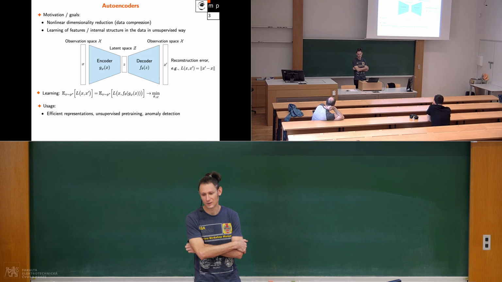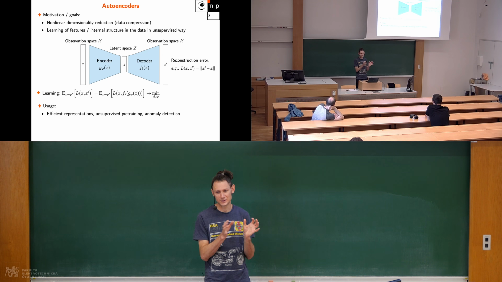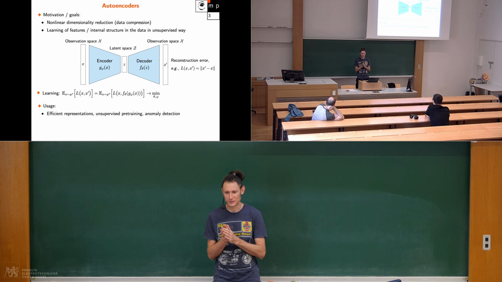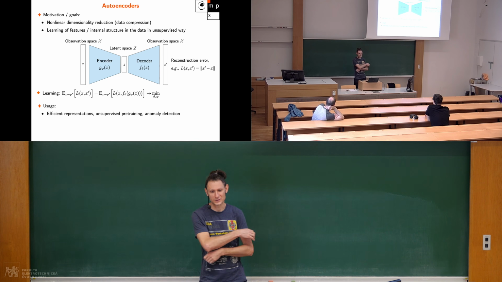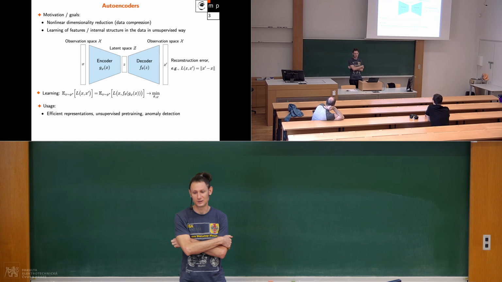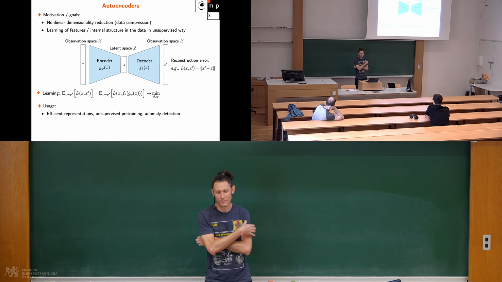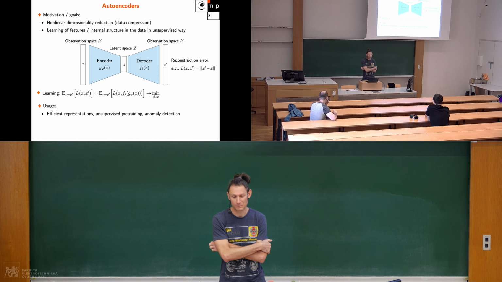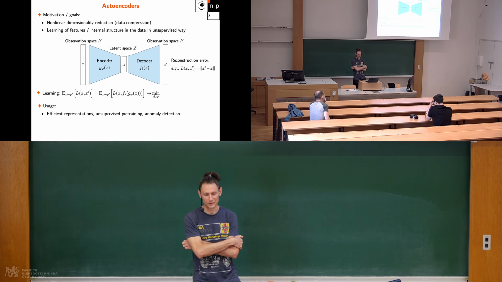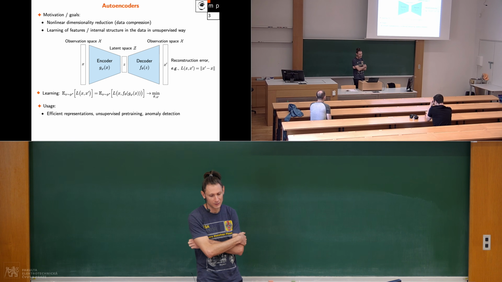If we learn how to compress the data and achieve high compression rates, then that means we have learned some useful encoding which captures the most essential information about the data, and maybe even extracts very relevant and good features from the data.